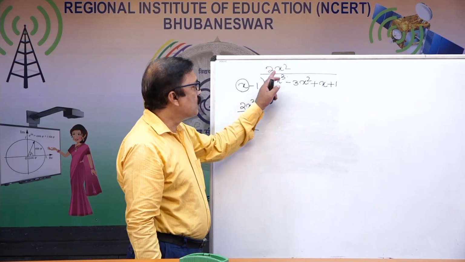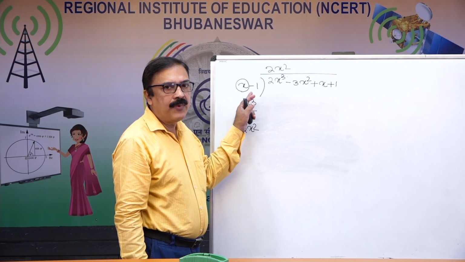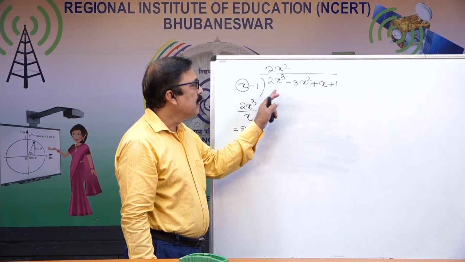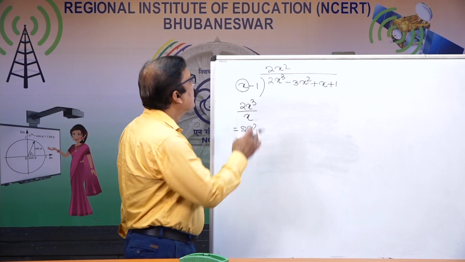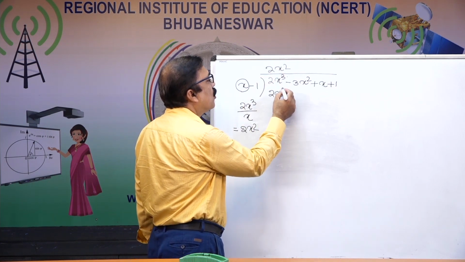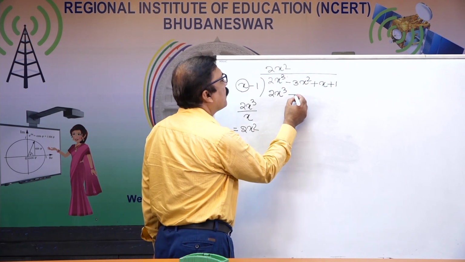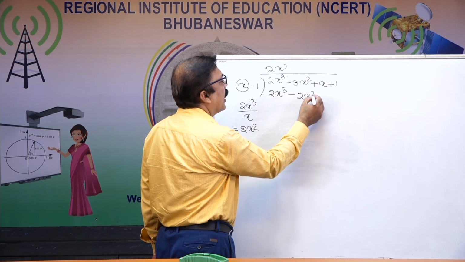Now this 2x square is to be multiplied with each term of the divisor and written below the dividend. So 2x square into x gives 2x cube, and 2x square into minus 1 gives minus 2x square.